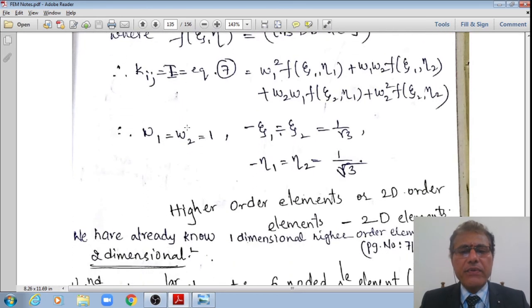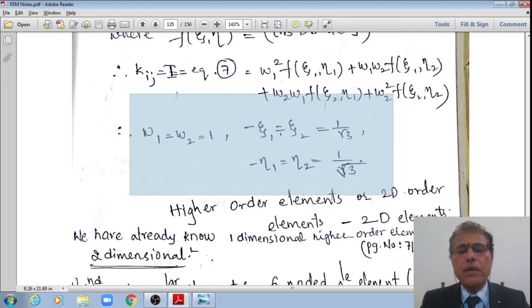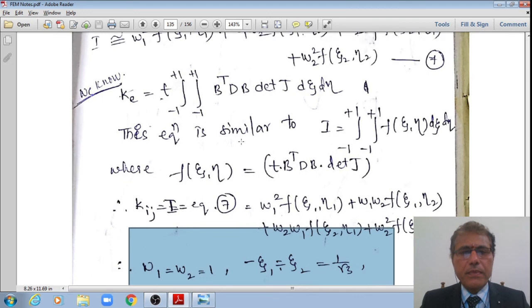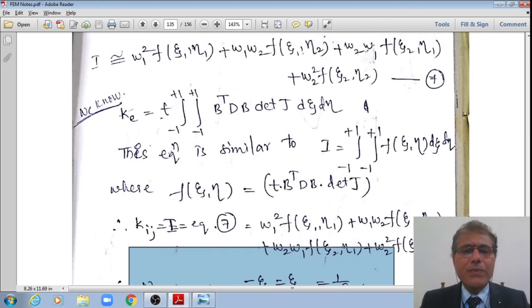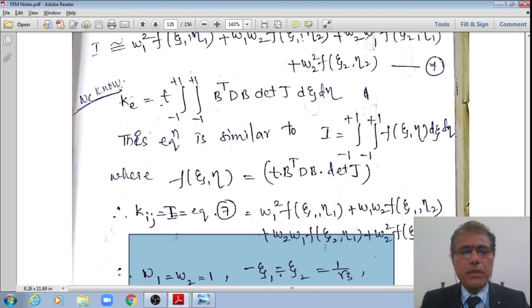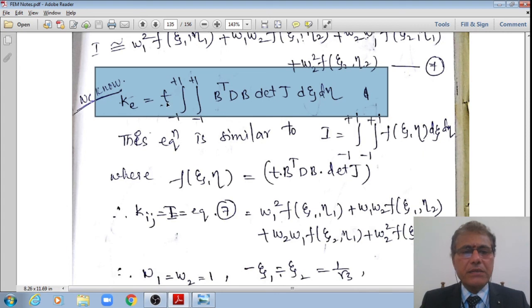Now why we require these, students? w1 is equal to w2 is equal to 1; xi1 is equal to minus, xi2 is equal to plus 1 by root 3; eta1 is equal to minus, eta2 is equal to plus 1 by root 3. The next question is why we require this integration. I already told that in the very first discussion, as the element stiffness matrix for a 2D 4-node quadrilateral is given by t, integral from minus 1 to plus 1, minus 1 to plus 1, B transpose D B det J d xi d eta.